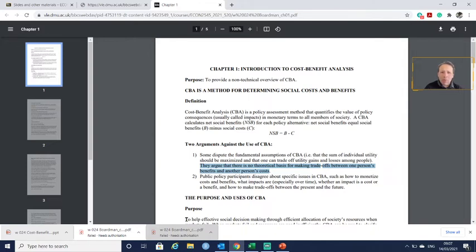So we will be seeing examples of that, and how to make trade-offs between the present and future. Sometimes if we take the global perspective, an impact, for instance pollution of the air, might be a cost, whereas it's not taken into account when we take the local perspective.